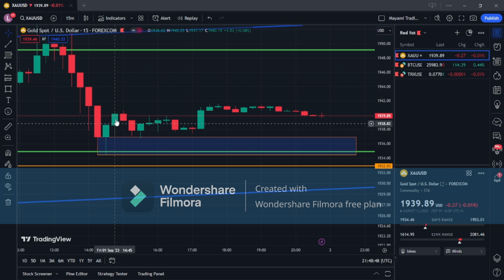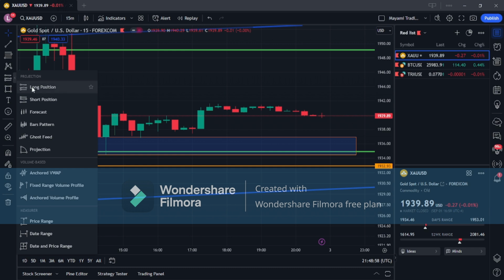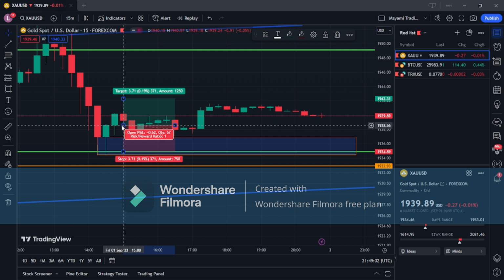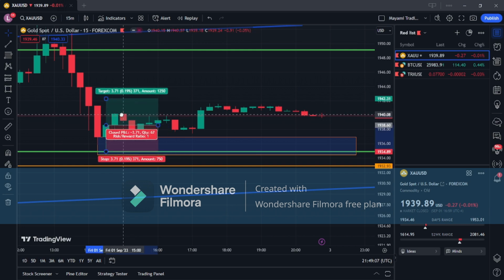So if it pushes up, you can actually start taking your trade right from here. Go for a buy, a long position right from here, right?